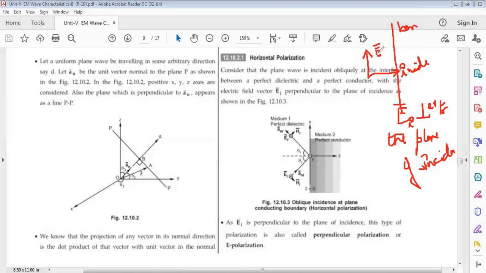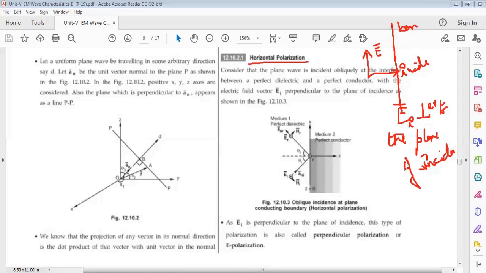E bar is aligned parallel to the boundary surface. This is called horizontal polarization.